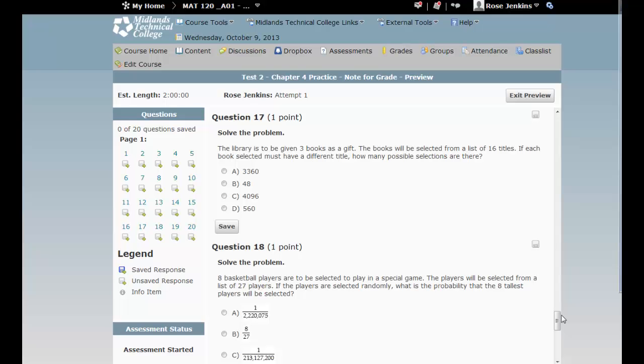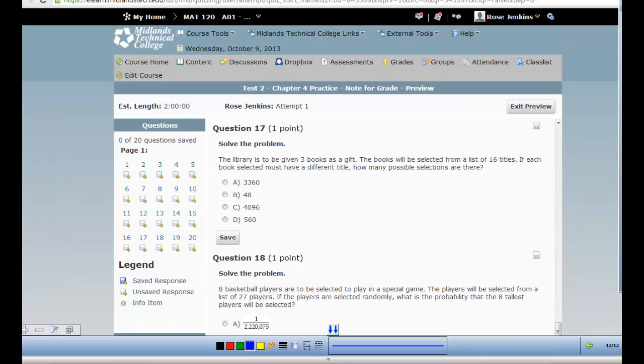So, if we give them Little Red Riding Hood and the 3 Little Pigs and one more book, then we say, no, we're going to give them that other book and 3 Little Pigs and Little Red Riding Hood. Does that make a difference? No, the order doesn't matter. So in this case, it would be a combination. And so we would say 16 choose 3, which comes up to 560.